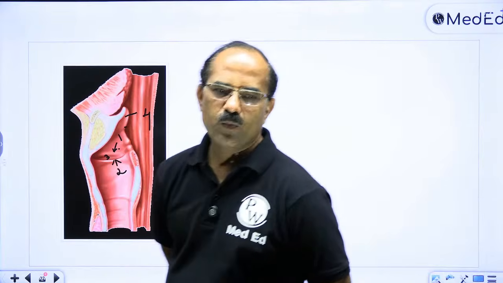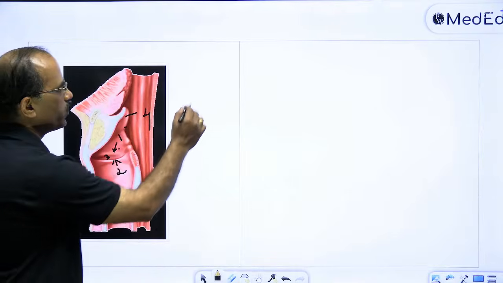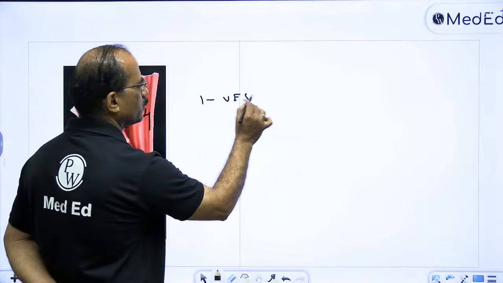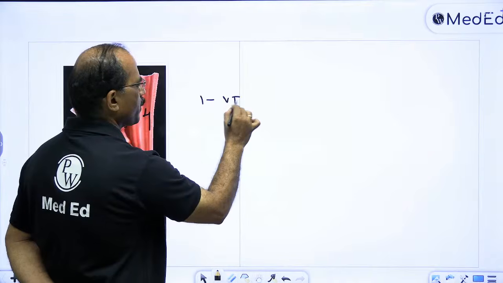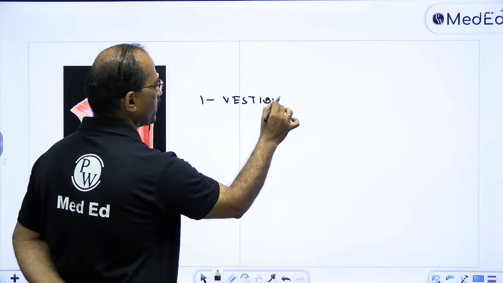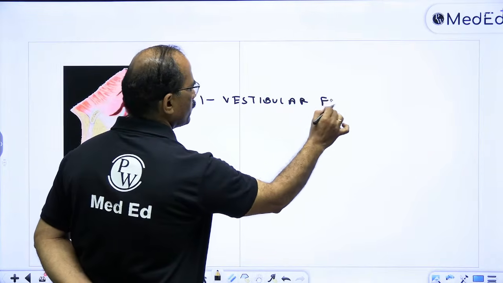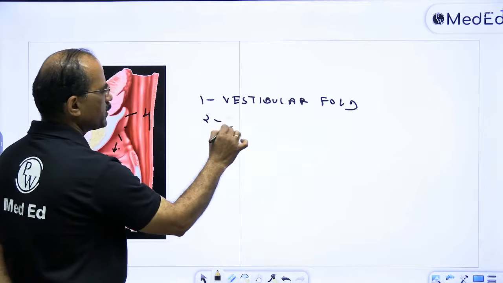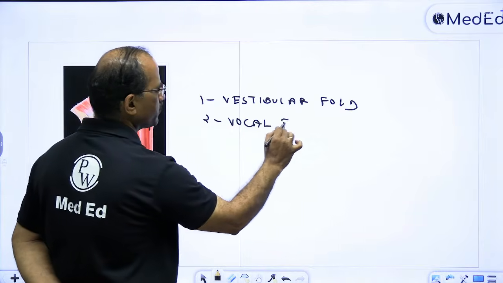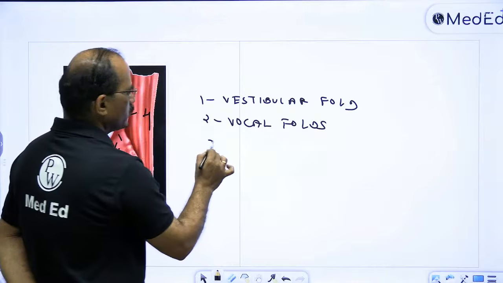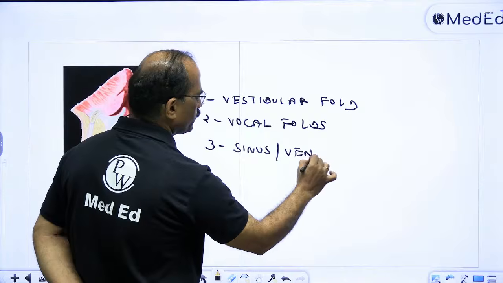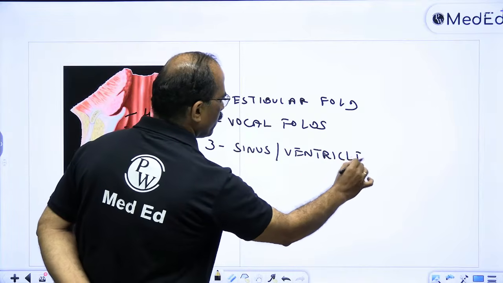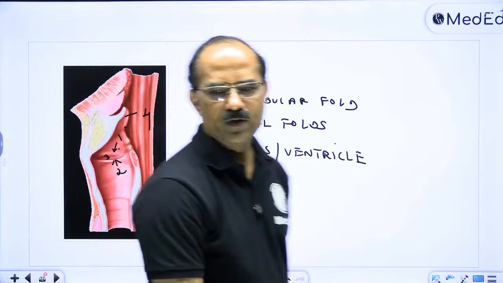Okay. So 1 is the vestibular folds. 2 is the vocal folds. 3 is the sinus or ventricle of the larynx.